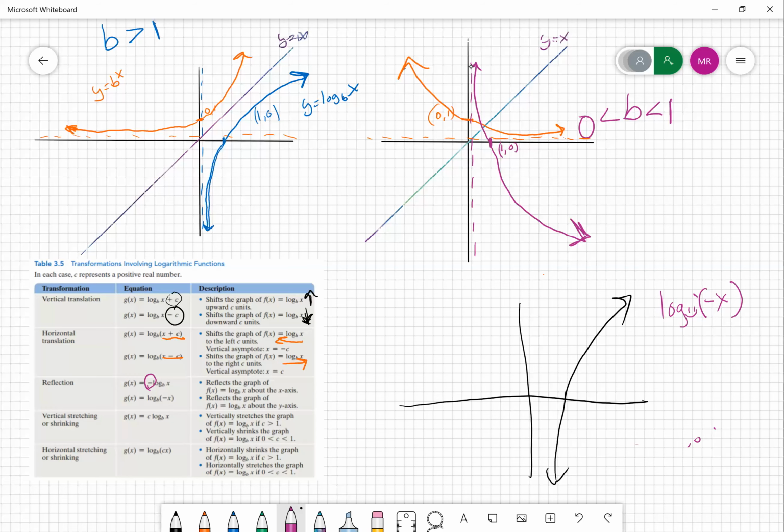And so we're going to flip everything across the y-axis. So our x's become negative. So instead of hitting at (1, 0), we're going to hit at (-1, 0). And it follows the same pattern. As it gets closer to 0, it goes down. And as it gets bigger, it goes up.